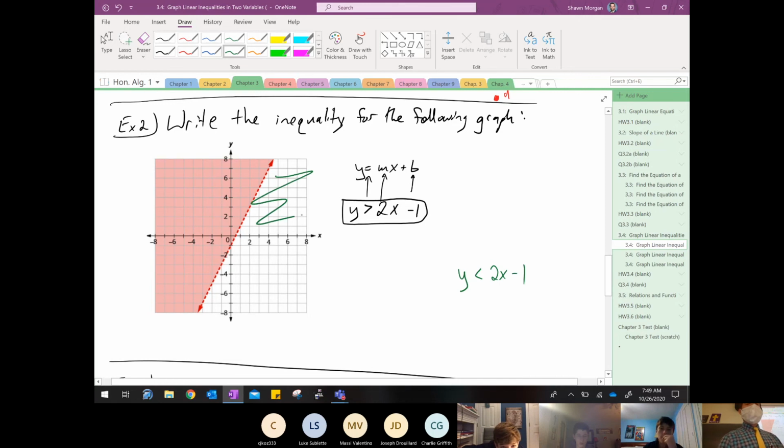It would be this graph right here. And I would quickly realize, oh, I need to reverse the direction of my inequality. Or let's say instead of a dotted line, I got a solid line. So you need to quickly troubleshoot and find the mistake that you made. And a graphing calculator can be very helpful for that when you guys are testing out those types of answers.